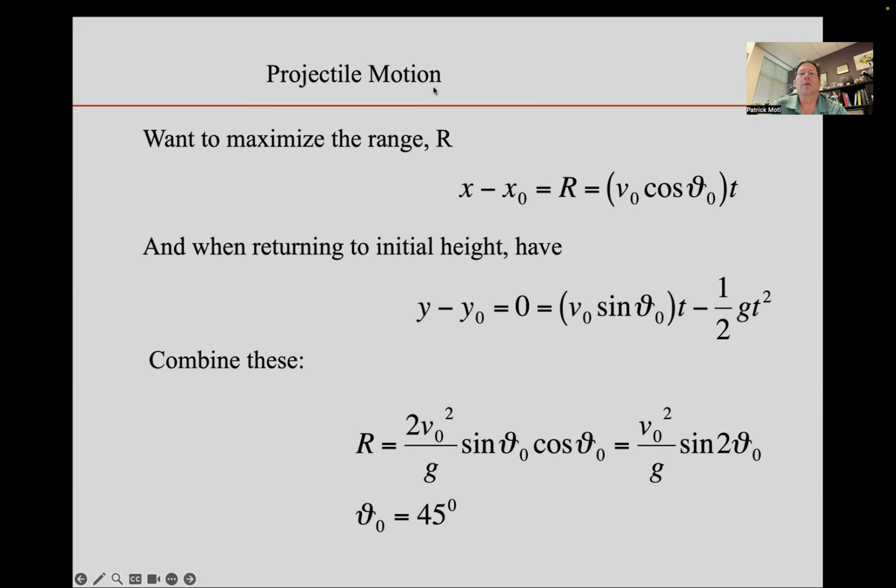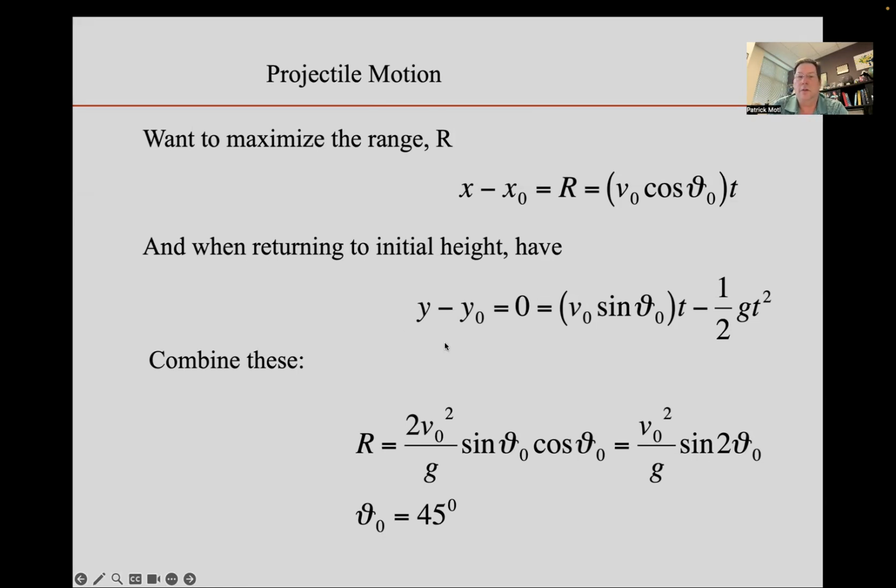A special case to think about for projectile motion is the case of the range for a projectile that is launched and lands at the same height. The range R is the horizontal displacement. We have a vertical height or vertical displacement when it begins and ends at the same height.